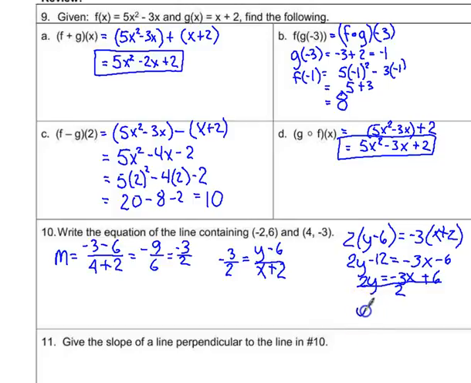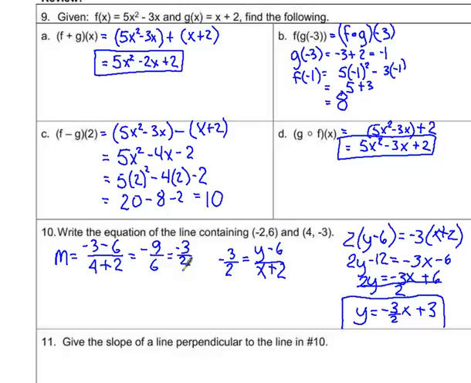And when you do, you get y is equal to negative 3 over 2 times x plus 3. That is our final answer. And if you'll notice, the negative 3 over 2 slope is the same as the negative 3 over 2 slope that we calculated at the very beginning.